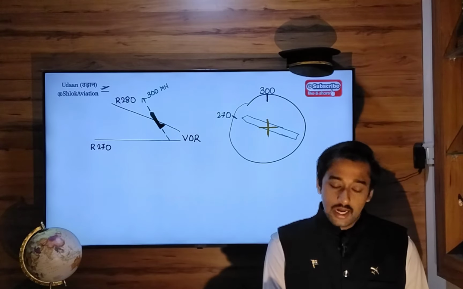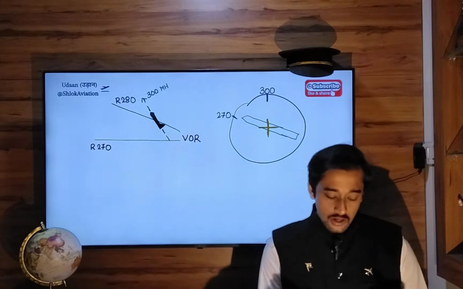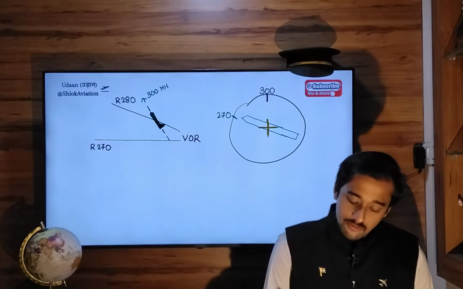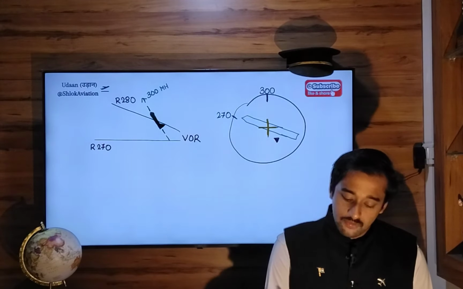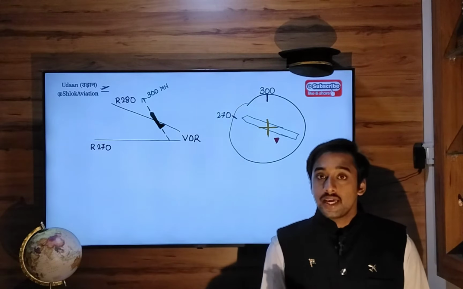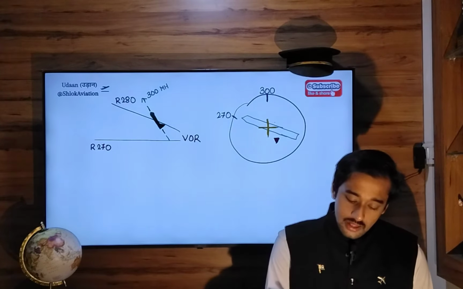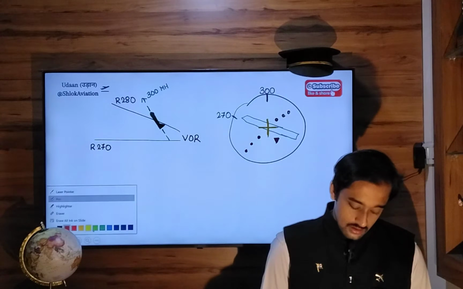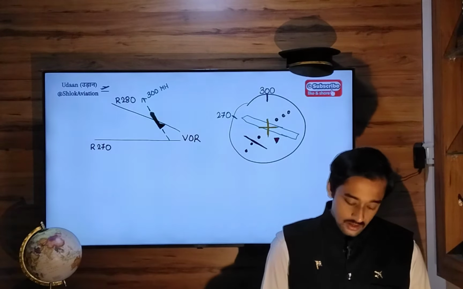And the to from indication, now you're going outbound, so the from indication should be shown to you, and that from indication will be shown as a triangle which is behind this airplane symbol, and the CDI indication will be left hand side, like this. So this is your diagram.